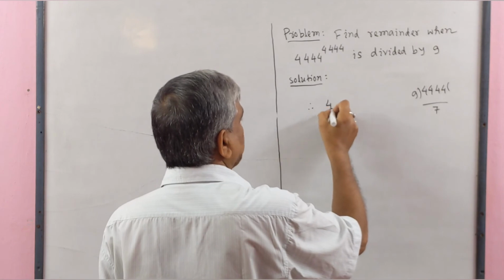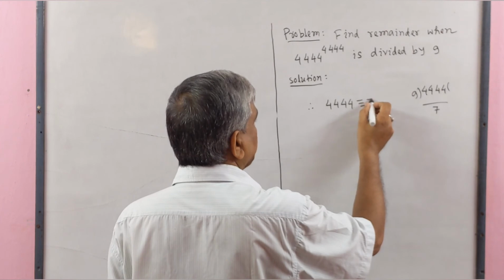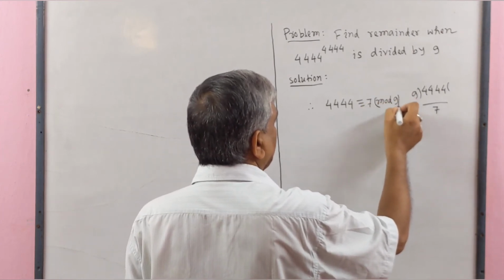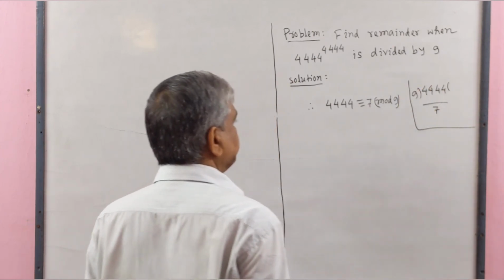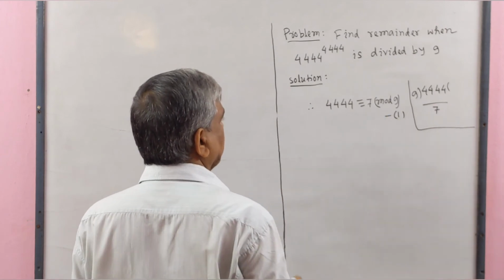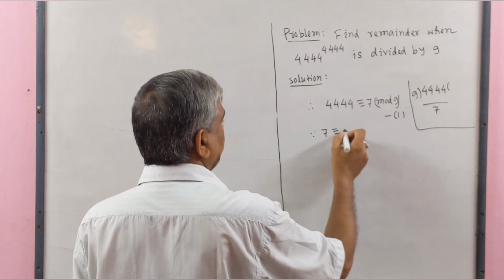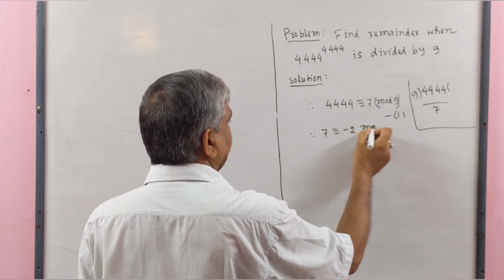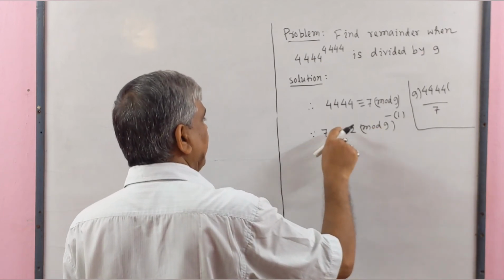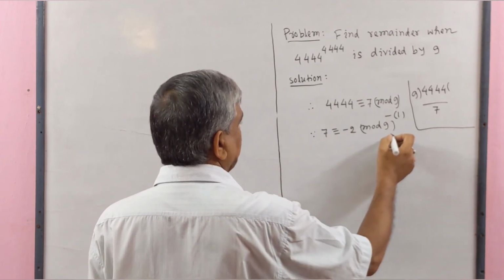Therefore, 4444 is congruent to 7 modulo 9. This is number 1. Since 7 is congruent to -2 modulo 9, because 7 minus -2, which is 9, is divisible by 9. This is number 2.